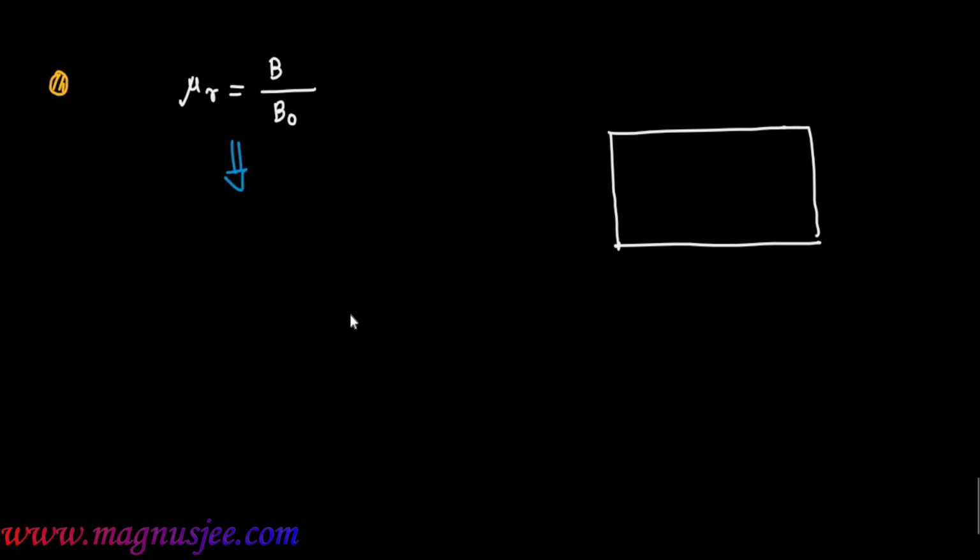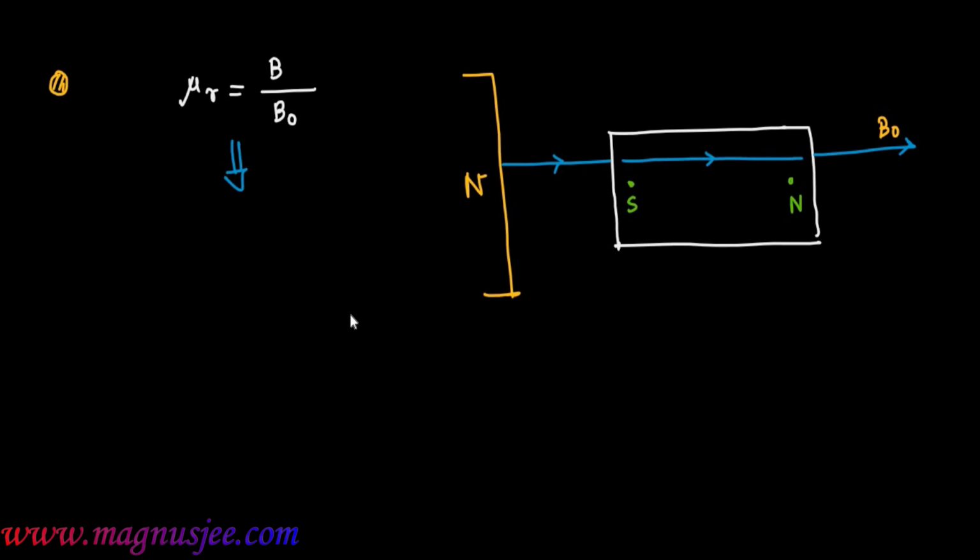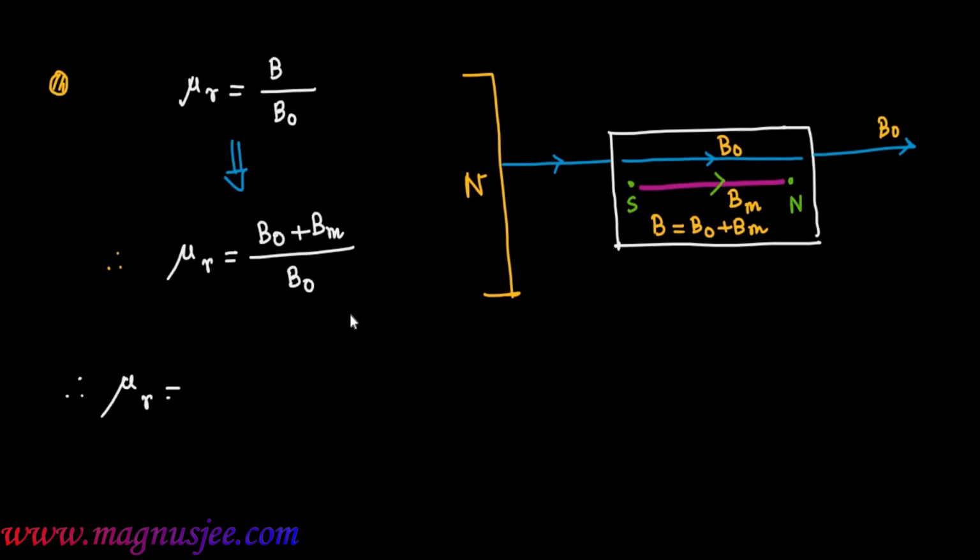if a magnetic substance is placed between the N and S pole of an external magnet, then we can denote the magnetic field lines acting in vacuum, and the violet color magnetic field lines are the field lines produced due to magnetization. The net magnetic field induction acting inside the substance is B0 plus Bm. So mu r equals B0 plus Bm divided by B0.